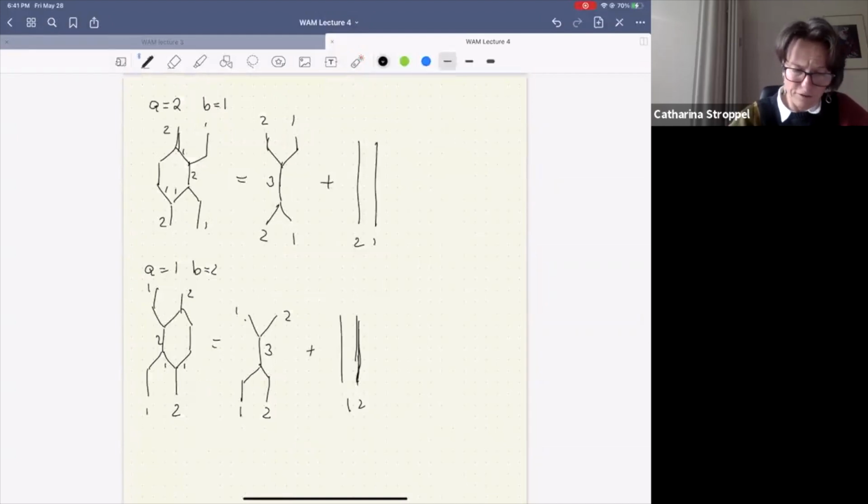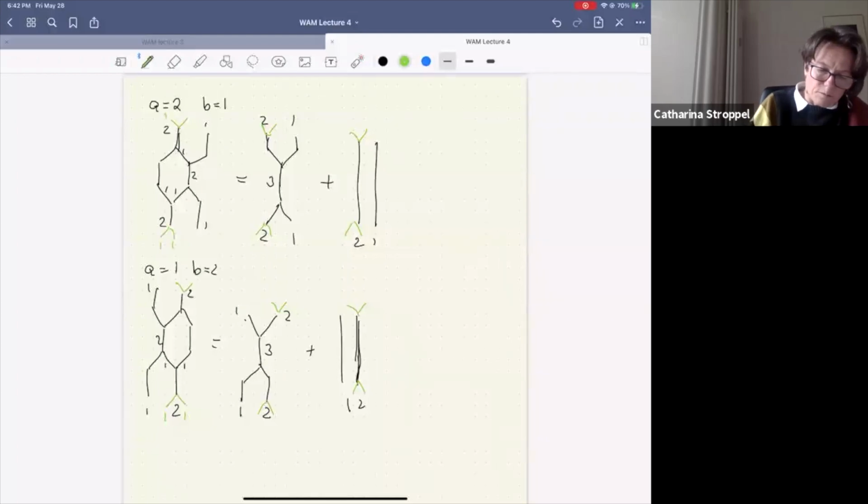Oh, no, I should first do something else. What I can do now, I can put some chicken feet here and split this, and split this, and split this, and split this. So they're still, of course, all the same. And then on the other side, I can put some chicken feet here and split this and split this. So what I created is something which starts at 1, 1, 1, 1. So 1, 1, 1.